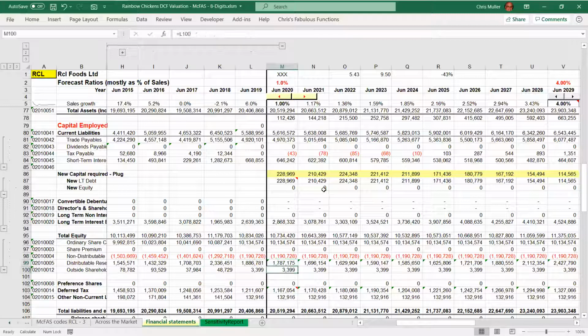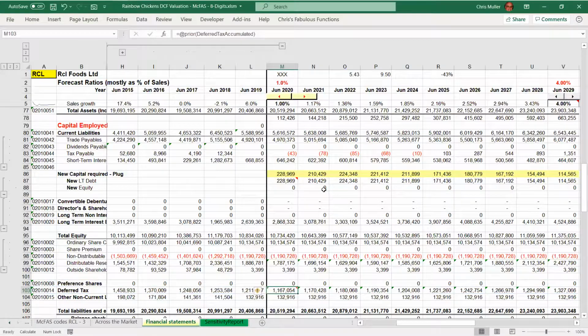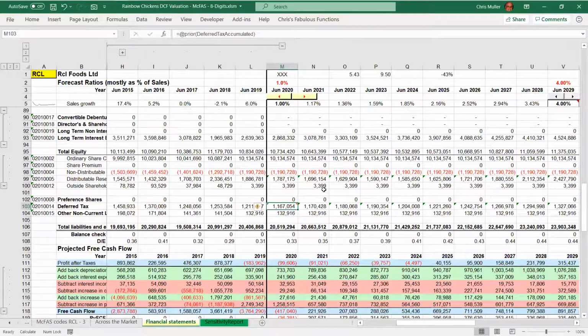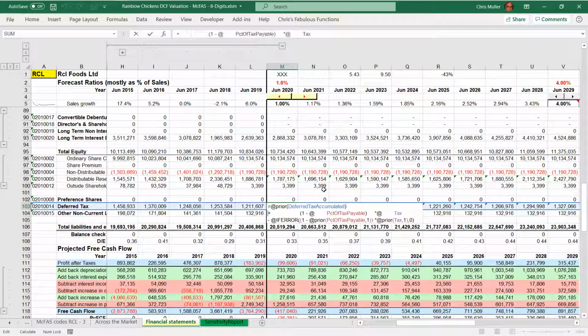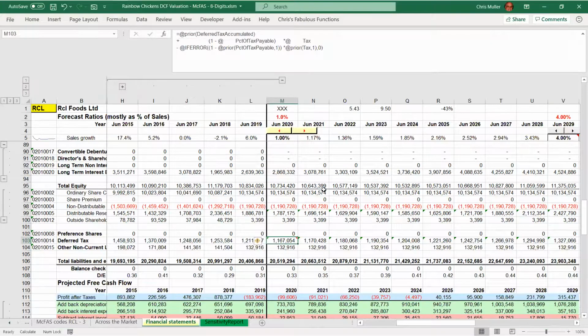What else we got? Outside shareholders, sometimes preference shares, non-currents. The deferred tax we have to worry about. Deferred tax is an interesting one. Let me just zoom this up a bit. Deferred tax. This is always, I think, Shift Control U, and I can show you at the top here.